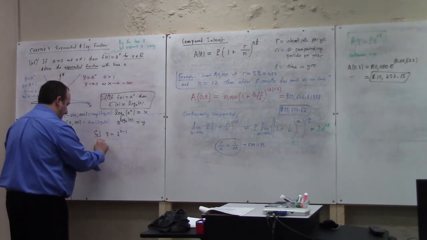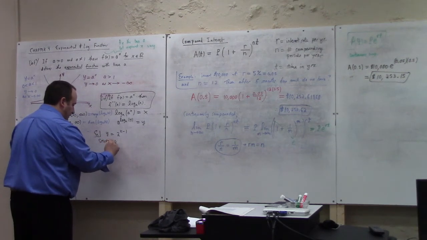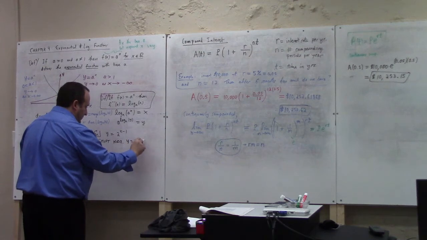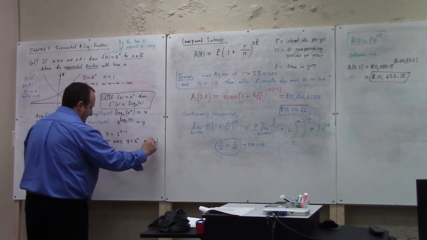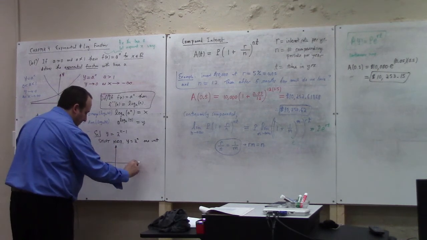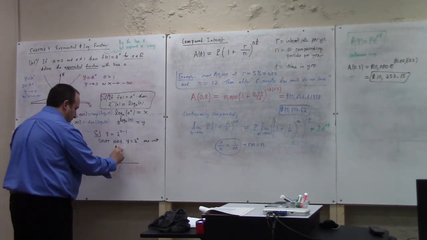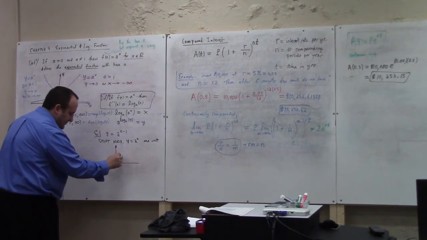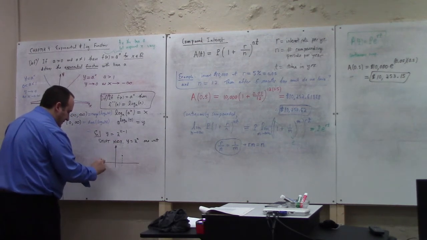So shift y equals 2 to the x horizontally 1 unit. Think about that as sort of my new y-axis. It's got a y-intercept of 1, and it does something like this.